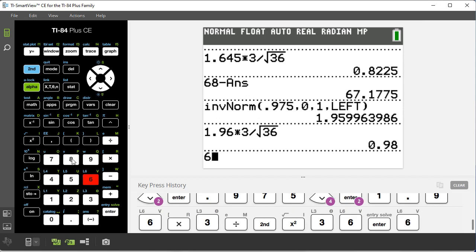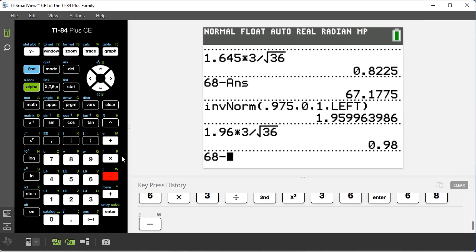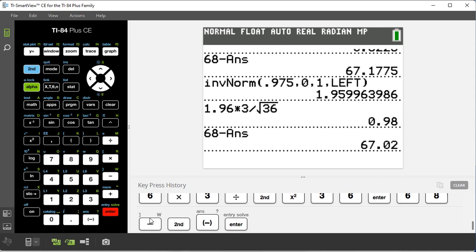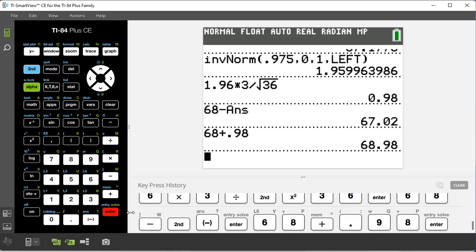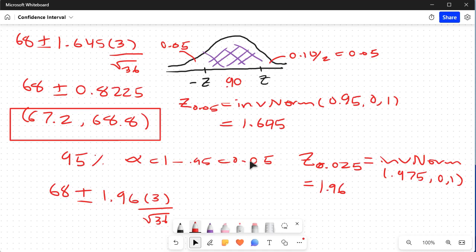So that means that with a sample mean of 68 for the average on a standard calculus exam, if we subtract the margin of error, then that's 67.02. But if we go ahead and add the margin of error of 0.98 to the sample mean, then in this case we have 68.98.